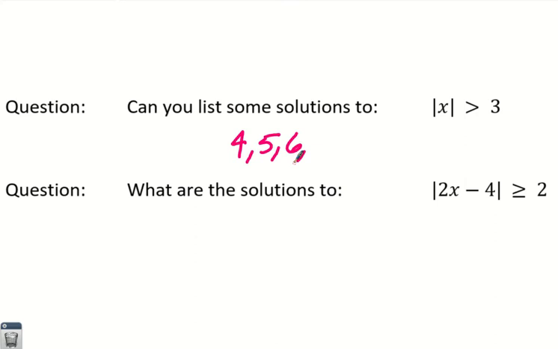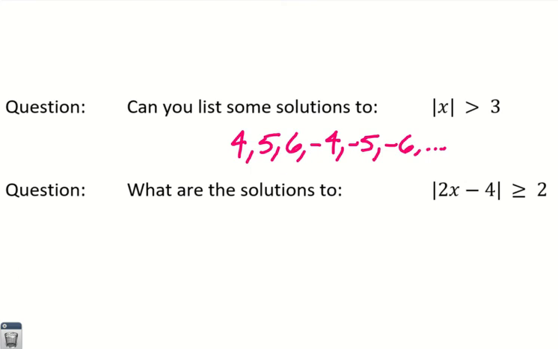But what else? Would 3 be a solution? Not here. 2, 1, no. But what else would be, when you take the absolute value of it, bigger than 3? Aren't we also talking negative 4, negative 5, negative 6, whatever?